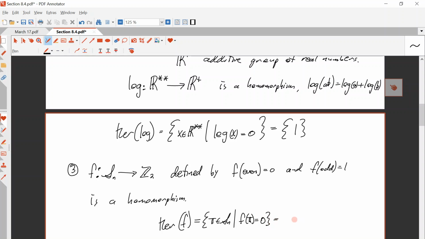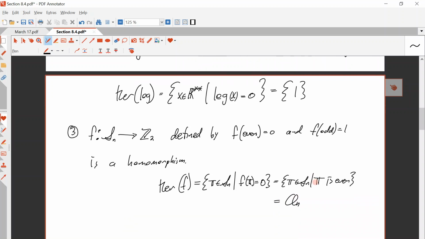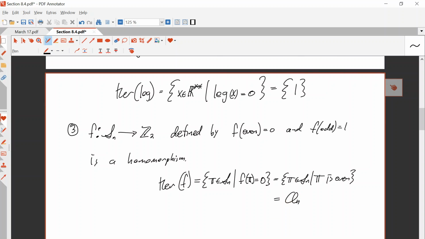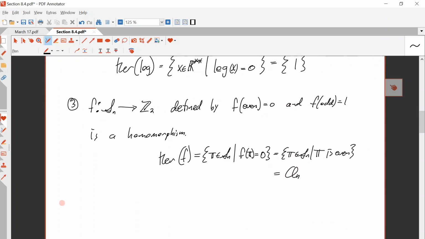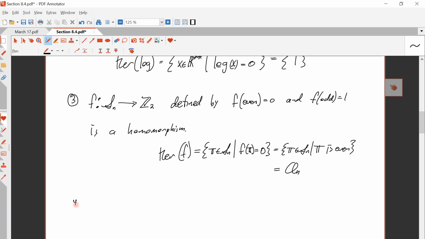Which is the set of all even permutations. It's the set of all pi in Sn such that pi is even, which is equal to An, the alternating subgroup.